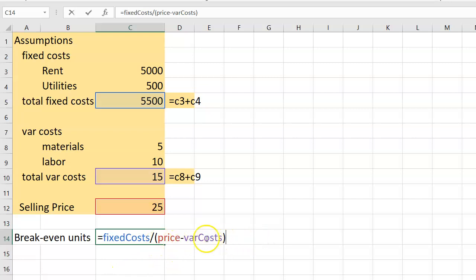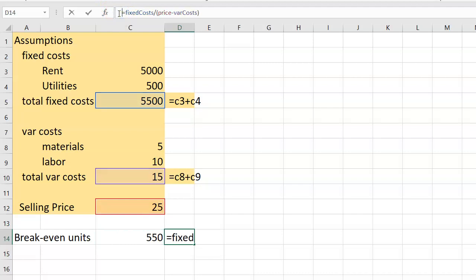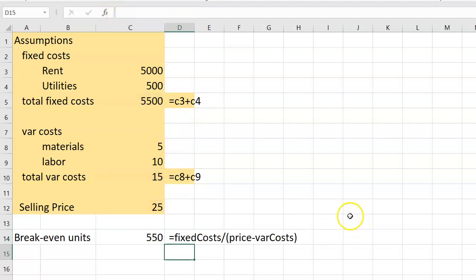A way to think of this again is this is my contribution margin on a per unit basis. Every time I sell something, here's how much profit I make per unit, not counting all my other expenses. So my break-even unit is 550 units. Copy this one over. Okay, so that's how we calculate that.